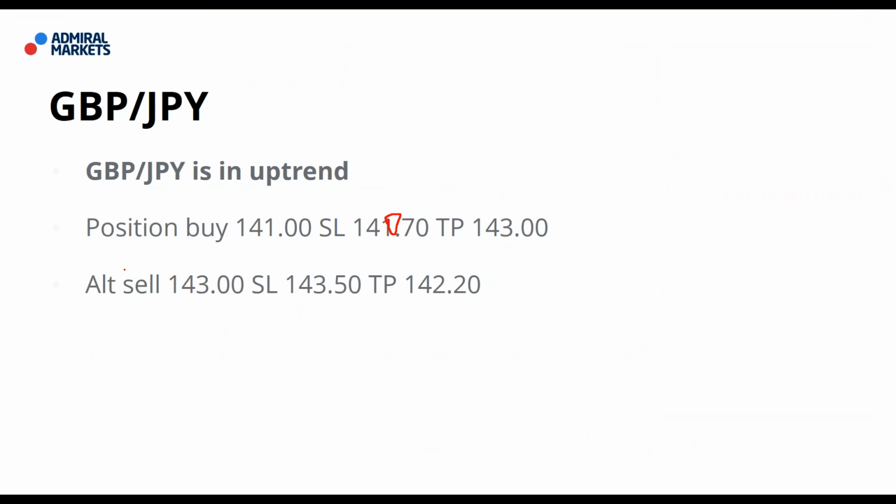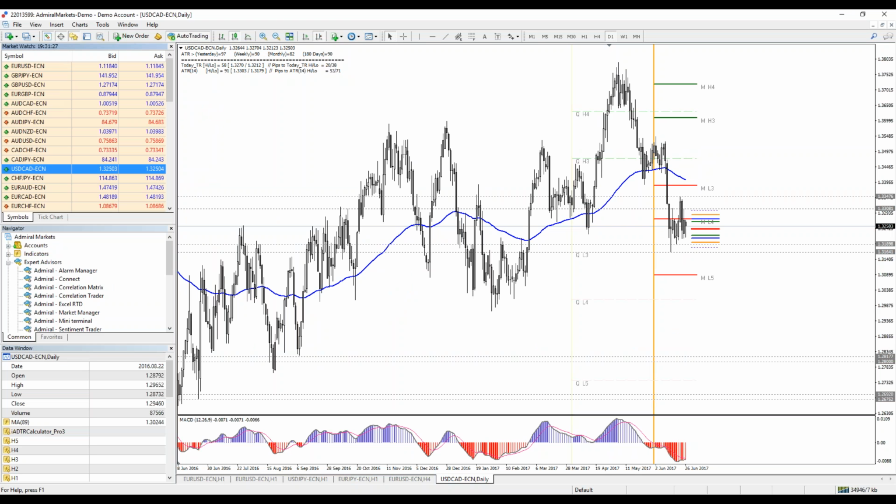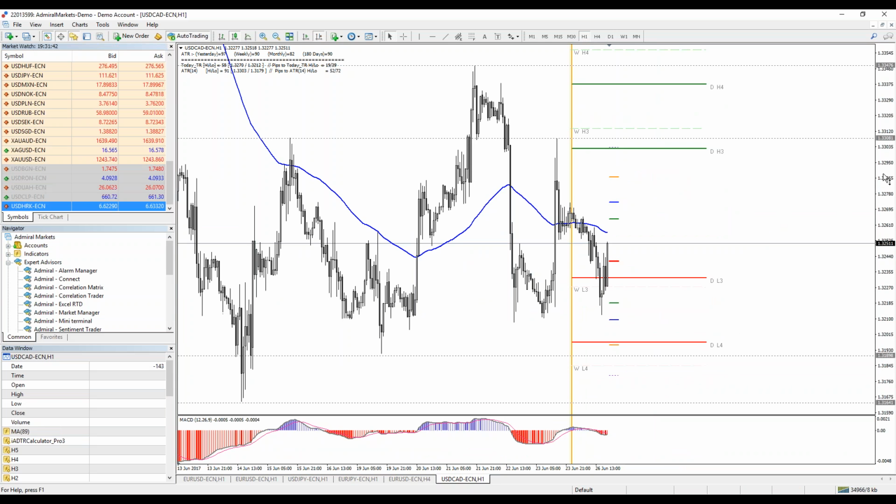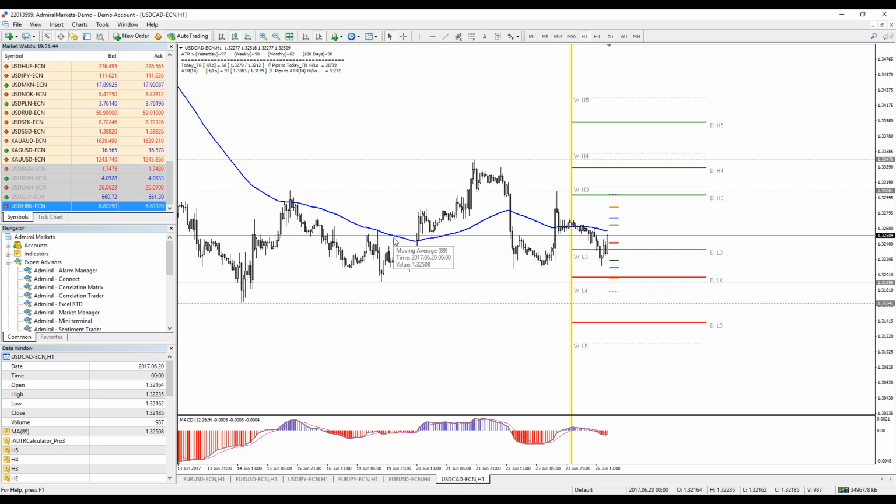Okay, this is euro yen, pound yen and dollar CAD. Okay, let's wait a couple of seconds. Ranging price section. On dollar CAD, you have two ranges. You have major range and you have minor range. This is the range inside the range.